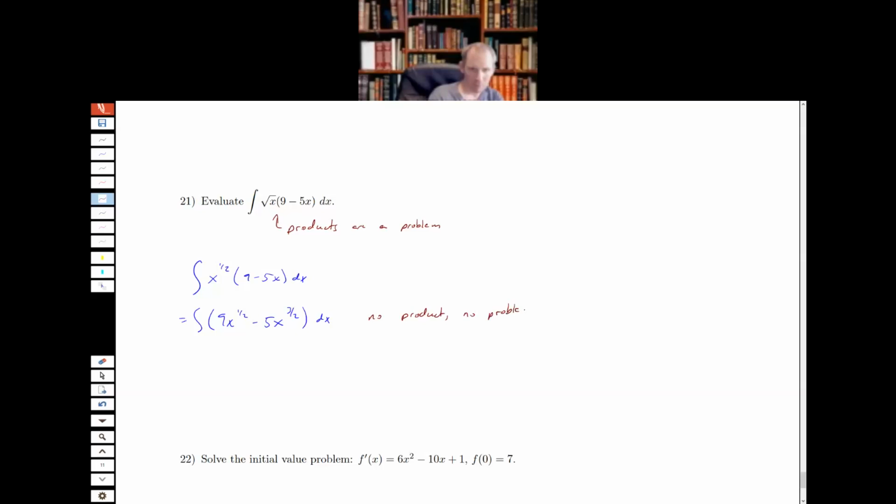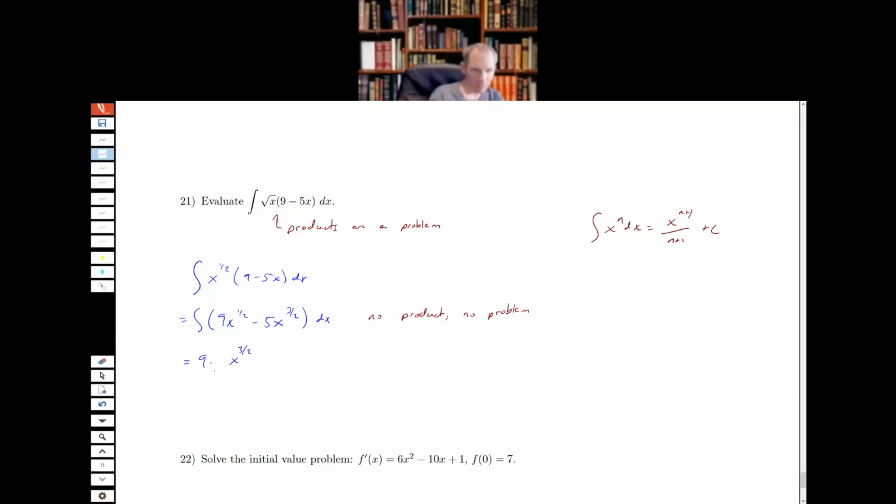No product, no problem. So I'm going to use the power rule for antiderivatives. So remember the power rule. If I antidifferentiate x to the n, I add 1 to the power and divide by the new power. So coming back here, when I antidifferentiate, the 9 hangs out.